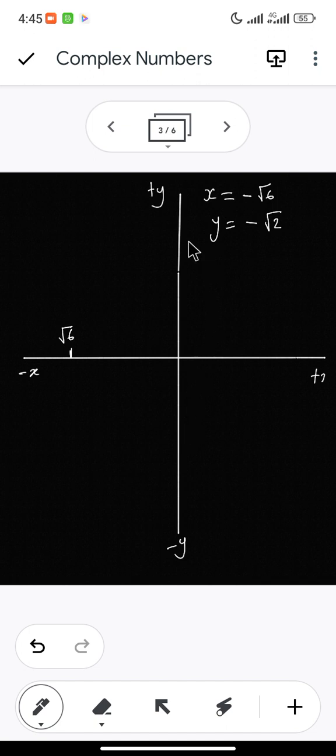Now for the y, it's going to be on the downside rather, because it's negative. So we'll have, let's say, root 2. Don't include the negative sign. So we'll trace this to the downside, also trace this to the right side, and we connect the two dots. Now this is automatically your r.